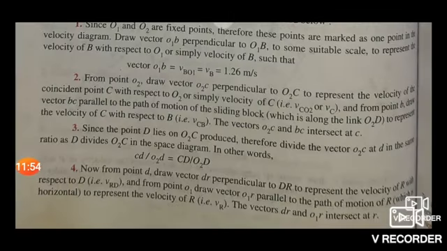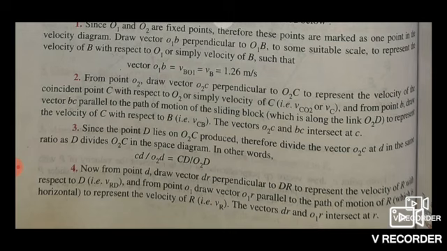Third point, since the point D lies on O2C produced, divide the vector O2c at d in the same ratio as D divides O2C in the space diagram. In other words, Cd by O2d equals CD by O2D.